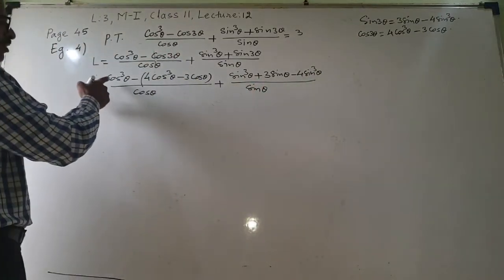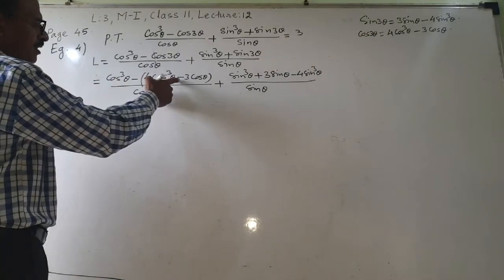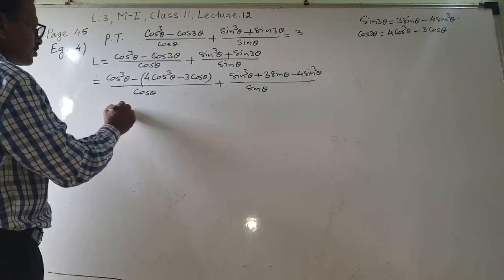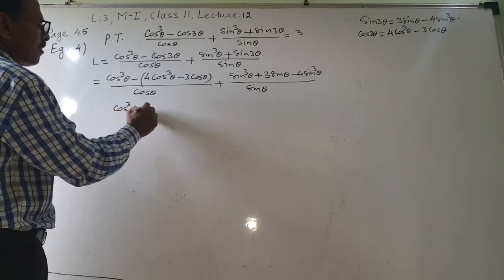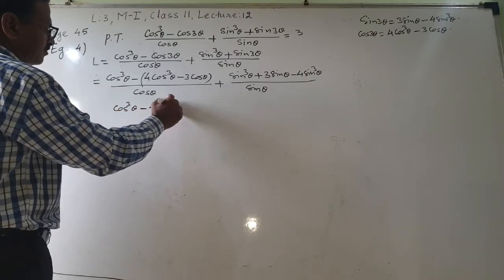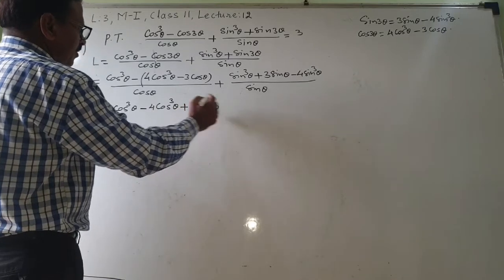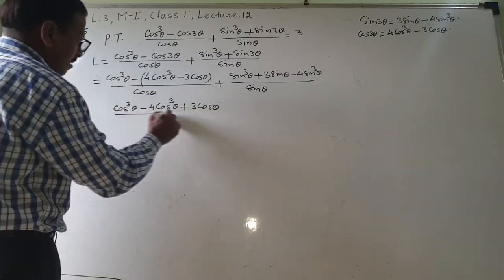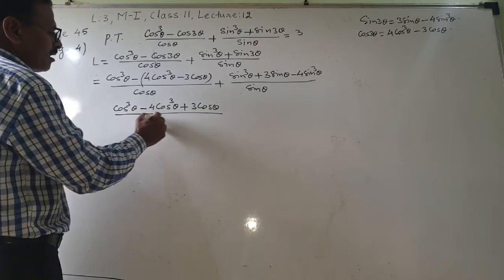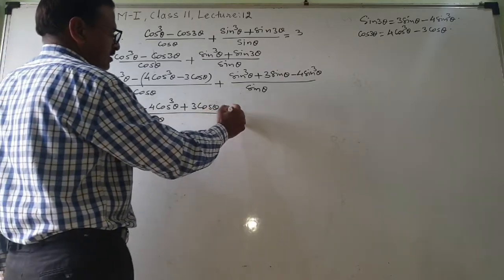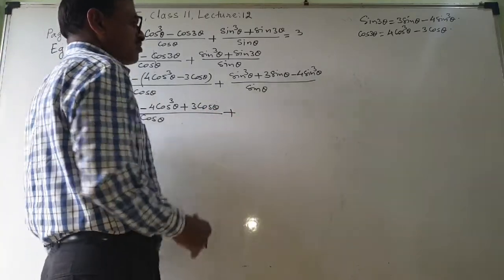So I will open the brackets now. Cos cube theta minus 4 cos cube theta, this will be plus 3 cos theta because this is minus, upon cos theta, plus, this is as usual.